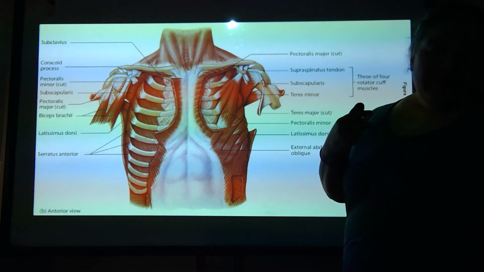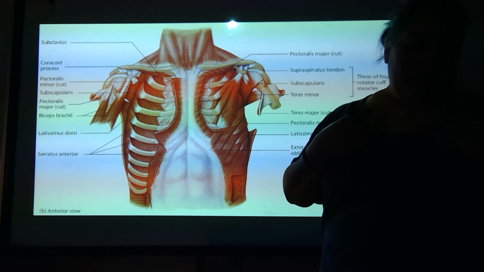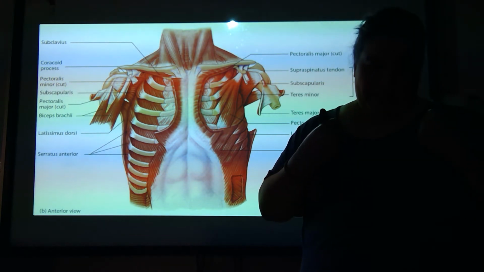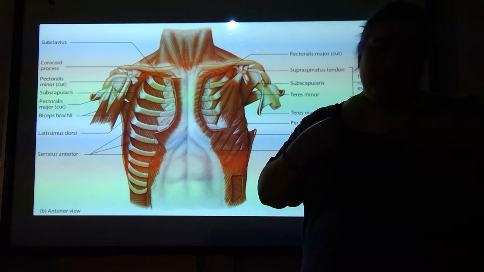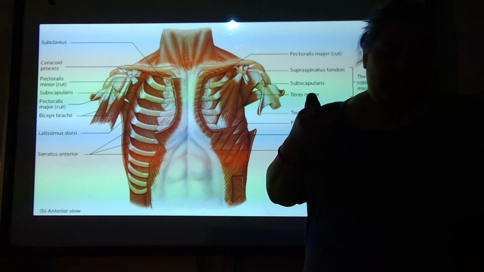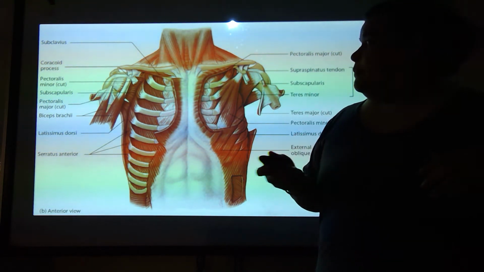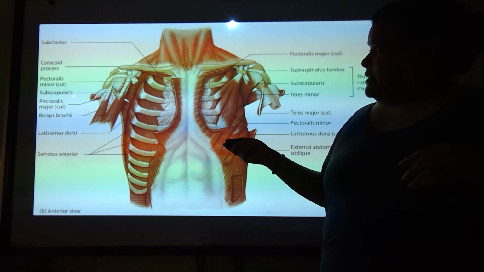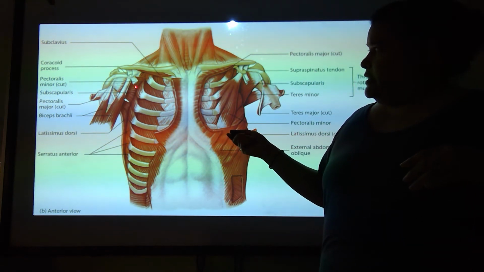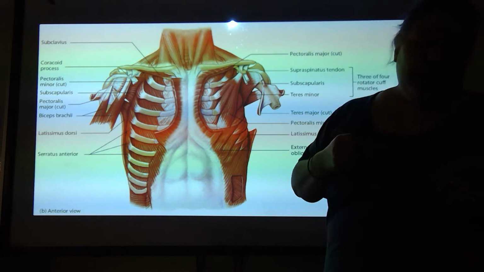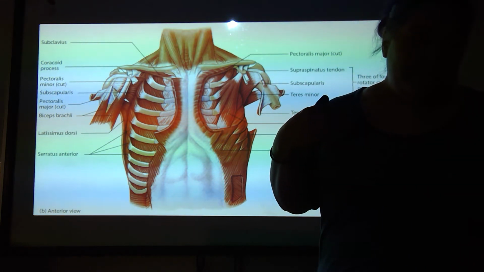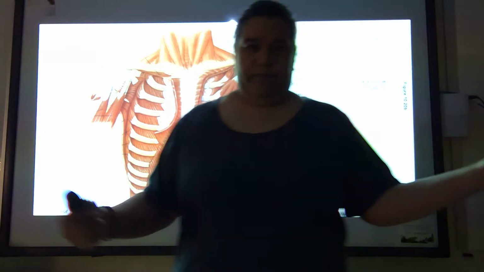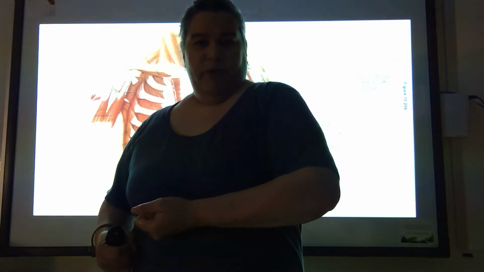The Pectoralis Minor actually pulls down the scapula, or it can elevate the ribs. It kind of depends on what you're wanting it to do. The subscapularis, right there, which you can see is reflected right here, medially rotates your arm.